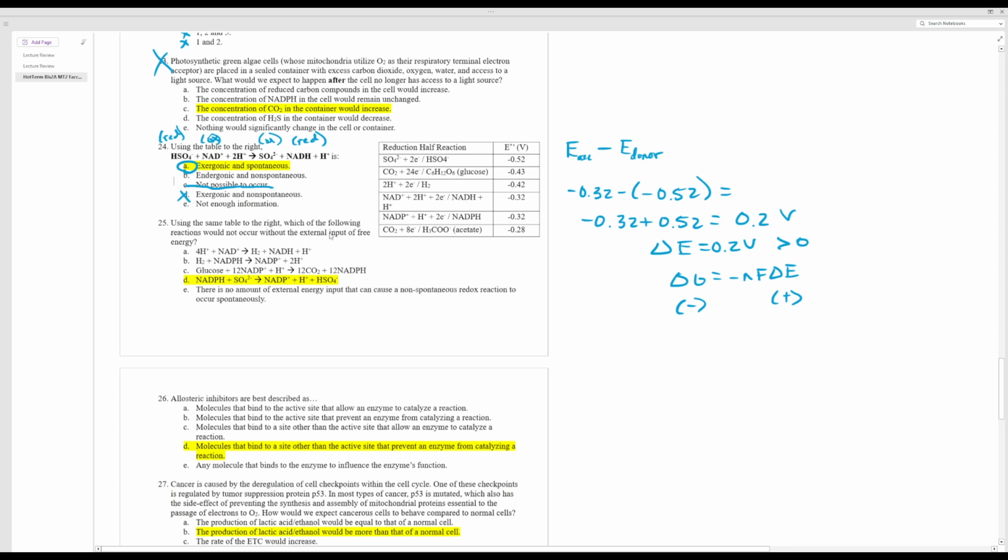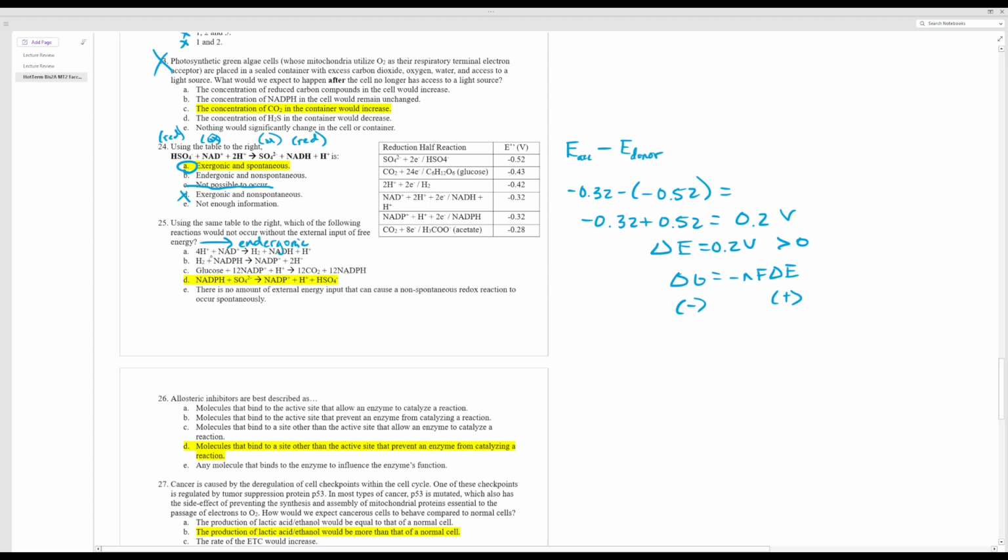Okay, using the same table to the right, which of the following reactions would not occur without the external input of free energy? So that means if I provide external input of free energy, I can get a reaction to occur. Meaning, this is asking us for the endergonic reaction.